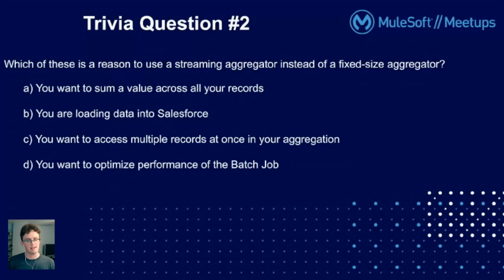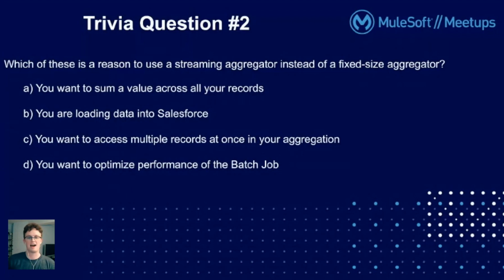It technically is something you can do with a fixed size aggregator if you set your block size to be as big as your entire amount of records. The reason not to do that is then you're not processing in parallel at all. If you set your batch size to be equal to 1,000,000, one thread picks up all 1,000,000 records, and then you can sum them all using your fixed size aggregator if you don't run into a bunch of out-of-memory errors.